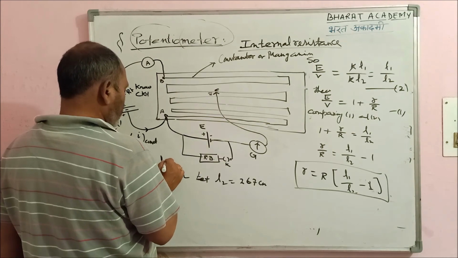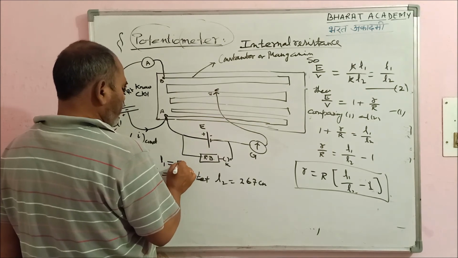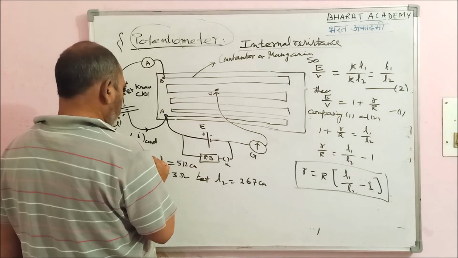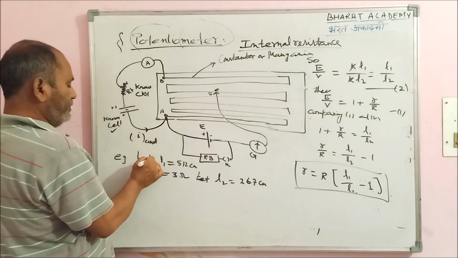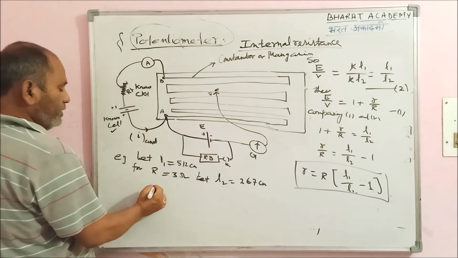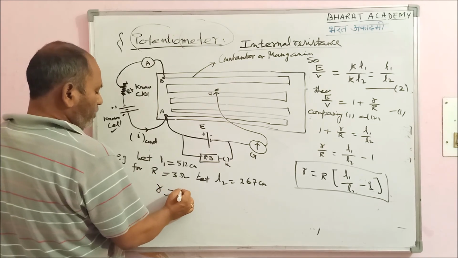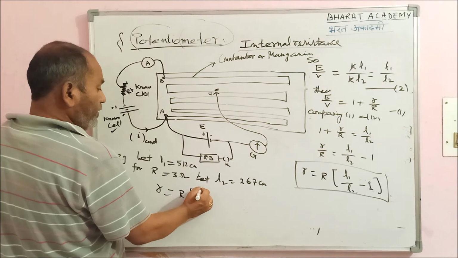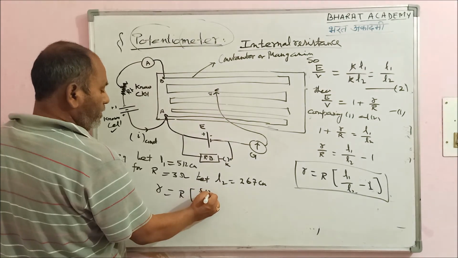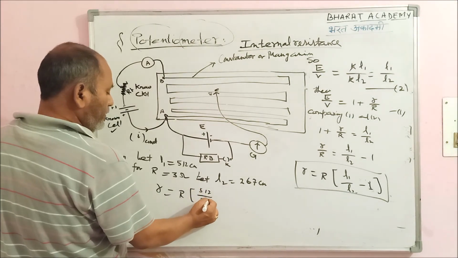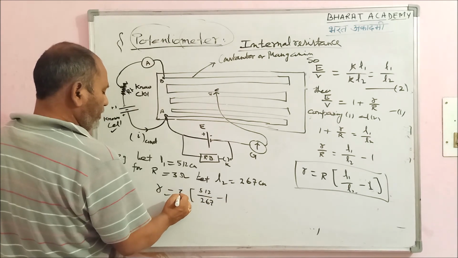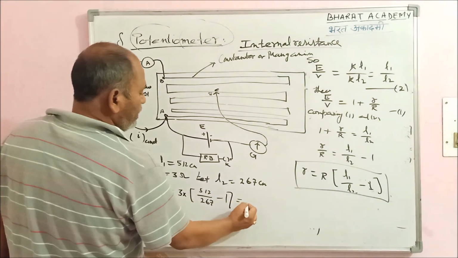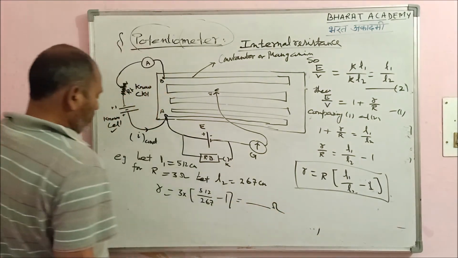L1 will remain the same, let L1 be 512 centimeter, because L1 we have to consider only once. Then what will be small r? According to our formula, R into 512 by 267 minus 1, instead of R we can apply 3. And we can very easily calculate the internal resistance.